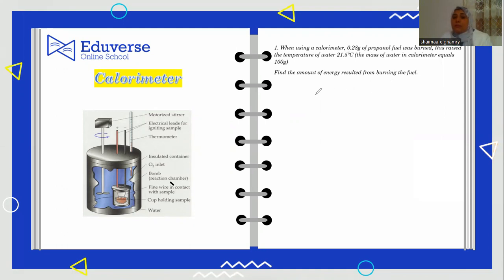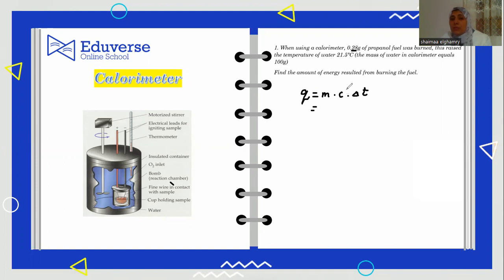So we can say that Q equals m c delta T. We need to calculate the Q, the amount of heat produced from burning this amount of fuel.